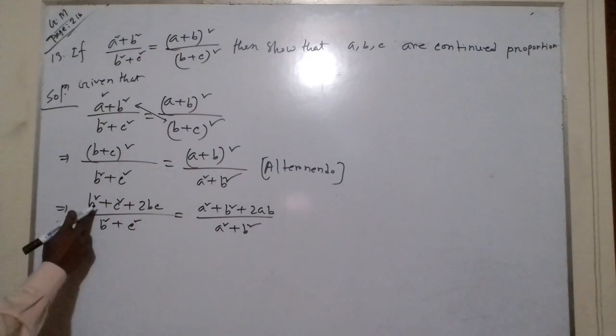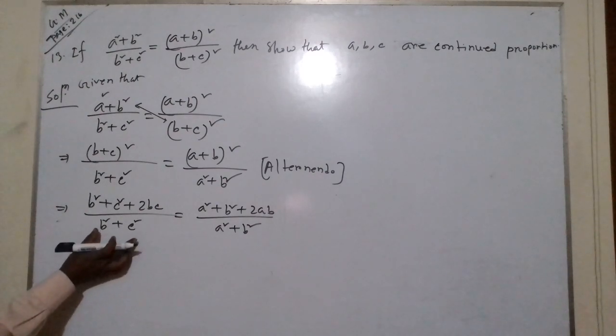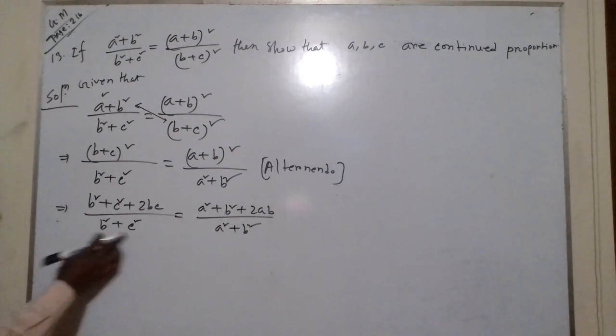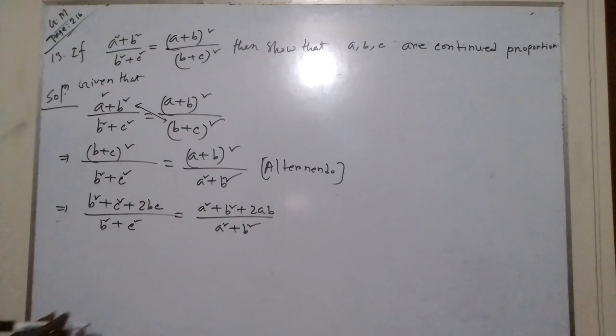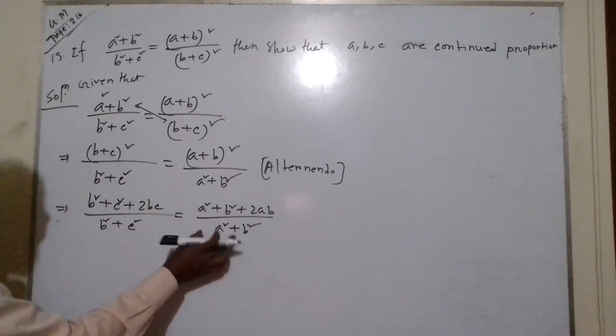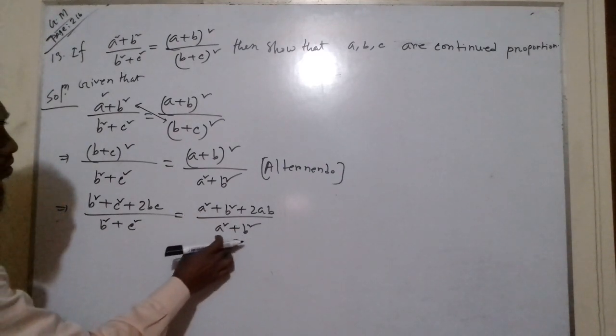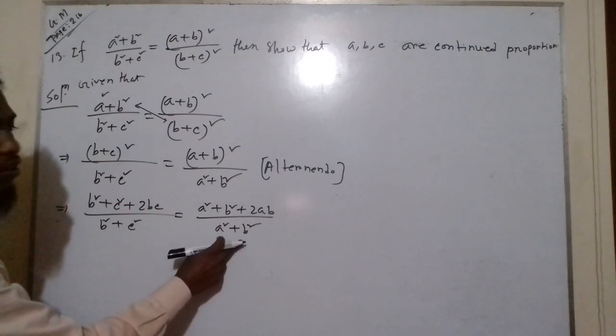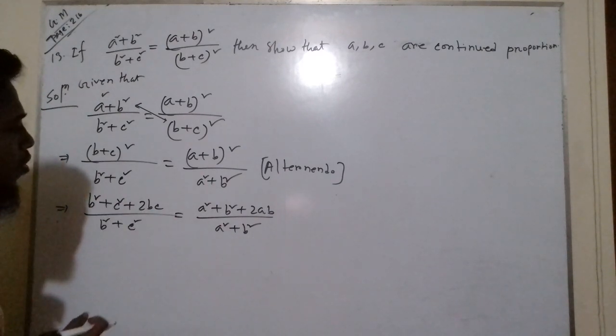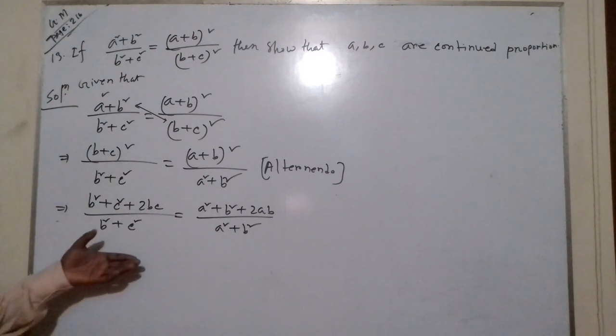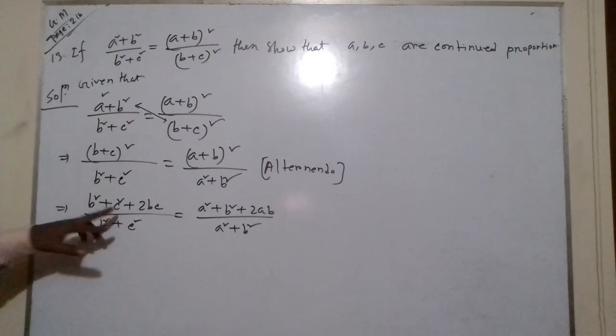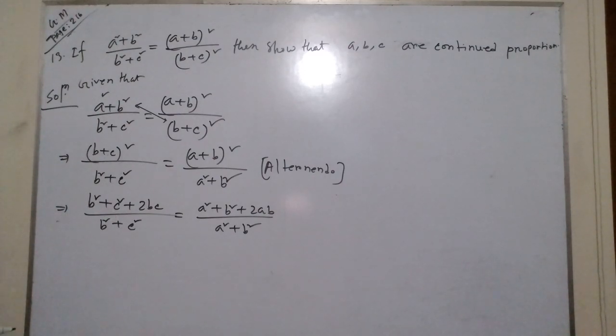Here we see that b square plus c square is in the numerator part and the denominator part is b square plus c square. And a square plus b square is in the numerator part and the denominator part is a square plus b square. So if we only apply the formula of dividendo, then b square plus c square will be cancelled.